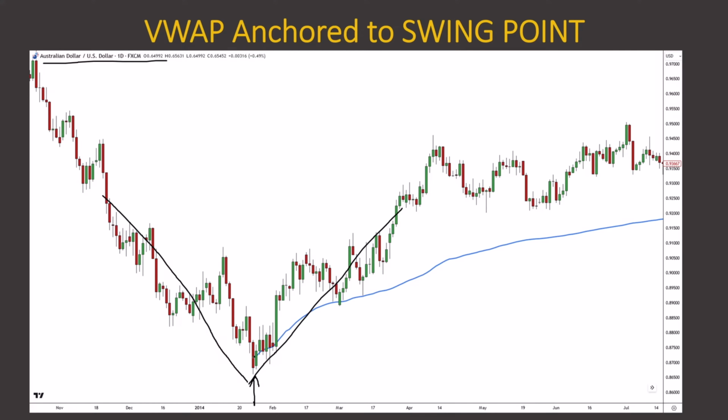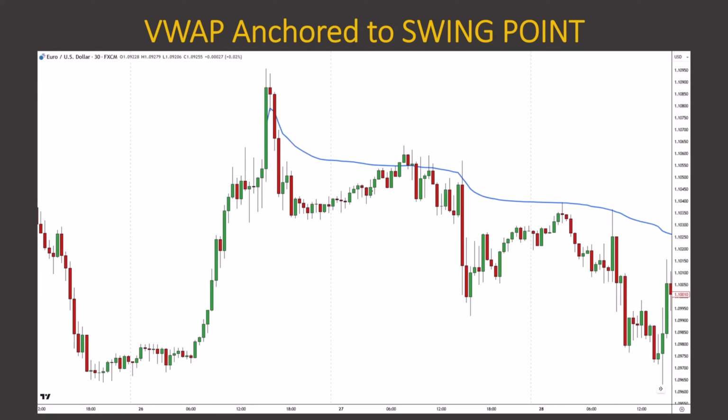To this red candle that formed the low, then the VWAP will show you the average trader since this point, the average position. So pull back to this place, long from there. Again, price hits this fair price and long from there. As you can see, it's always the same. It's only about where you anchor the VWAP.